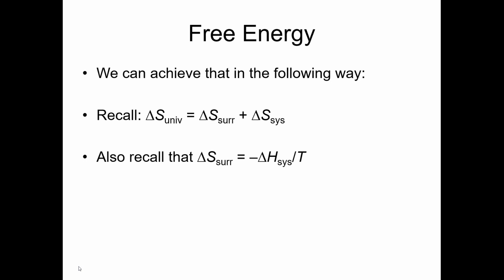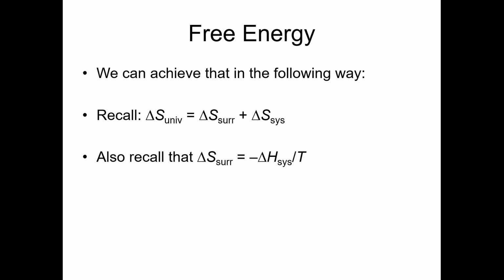And so recall that if we have an exothermic reaction, delta H is going to be negative, and negative negative is a positive, and the entropy of the surroundings is going up. And that makes sense because an exothermic reaction is heating up the surroundings and increasing the entropy of the surroundings.